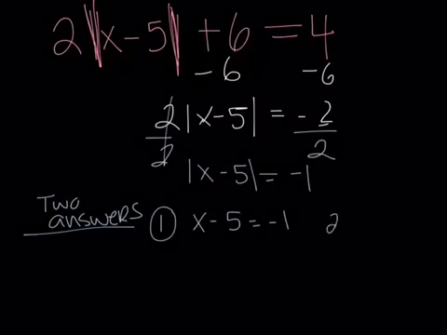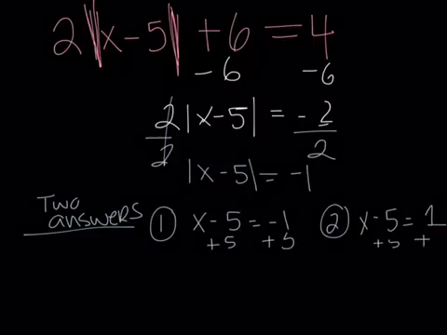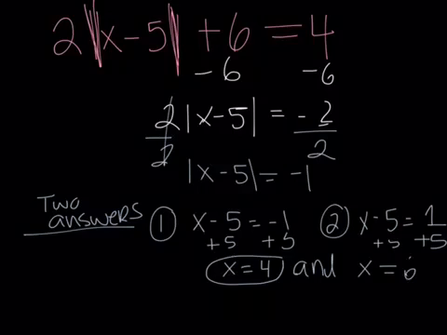And the second situation would be x minus 5 equals +1. And you're going to solve each of them separately. So you're going to add 5 on both sides. So you now have x equals 4. And x equals 6. And you are done. That is how you solve that problem.